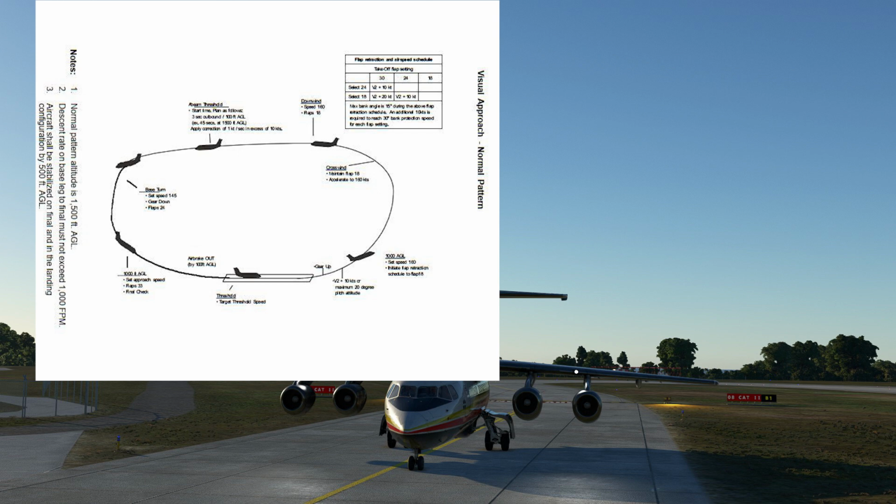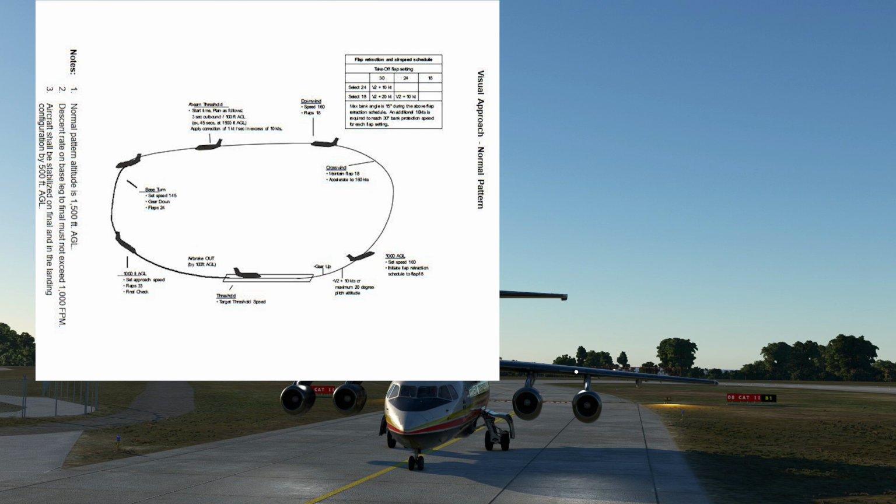According to this diagram, the minimum altitude for the visual circuit pattern is 1500 feet. You can go below that, but the normal altitude is 1500 feet.